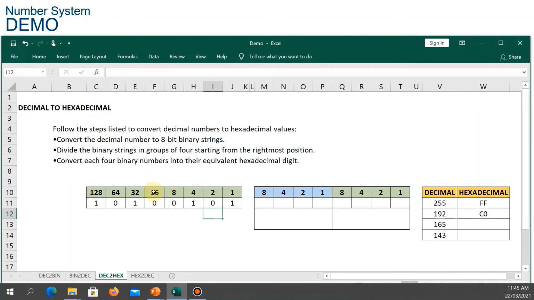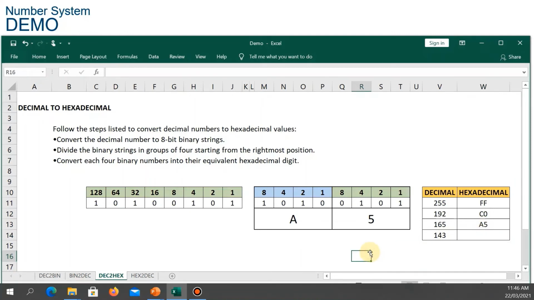Again, we group this into two groups and place each on the 8421. Next is to convert each 4-bit binary number into hexadecimal. The first is 8 plus 2, which is 10, and 10 in hexadecimal is A. Next, this is 4 plus 1, which is 5. Therefore, 165 is equal to A5 in hexadecimal.